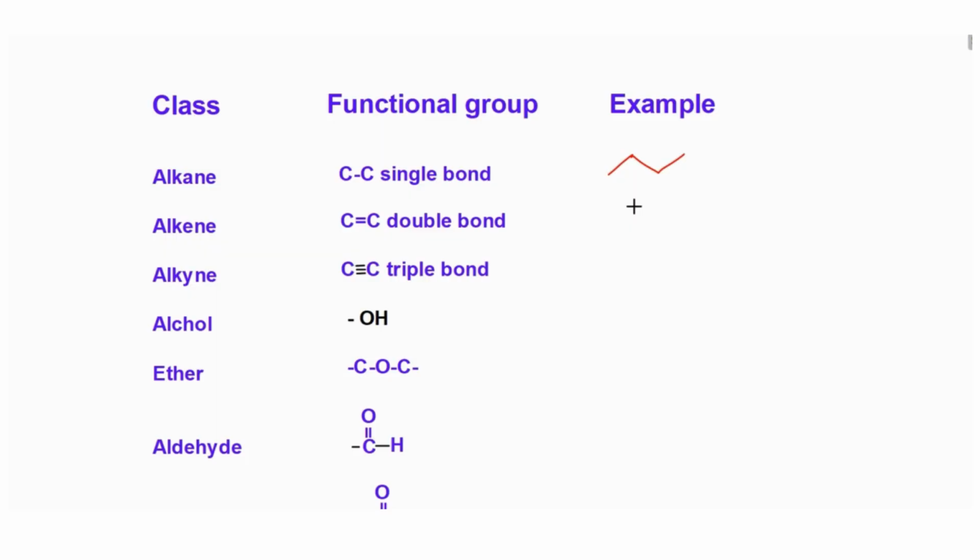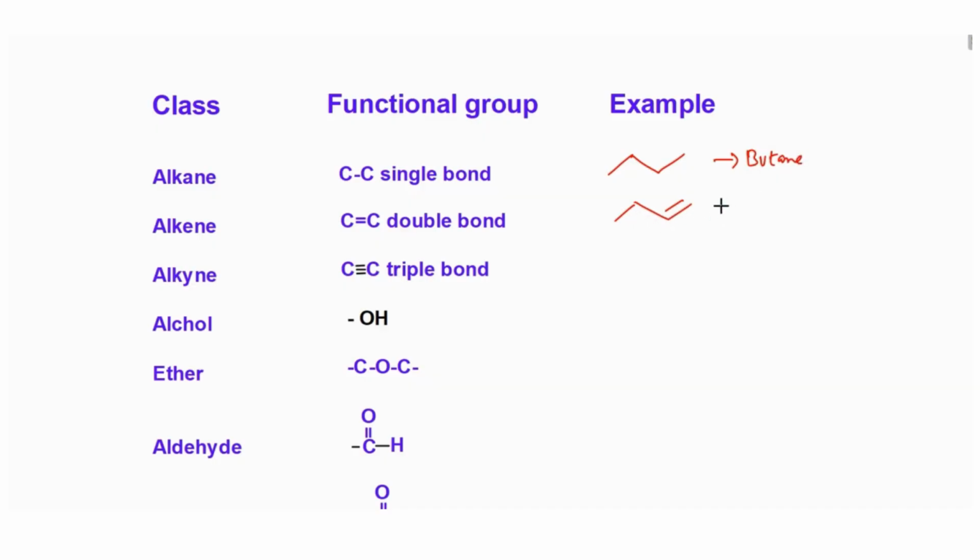Alkene means you will have a double bond. You see, I am putting the double bond here. This carbon is having a double bond. So why is this compound called an alkene? The previous structure is called butane, and this is butene.